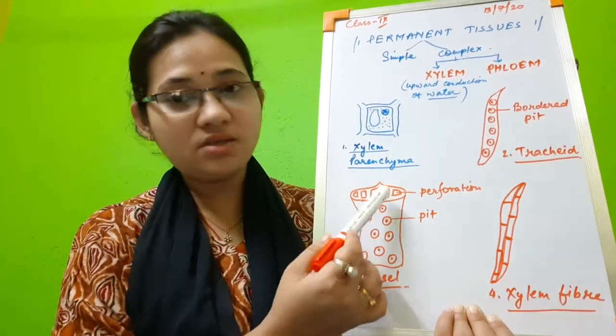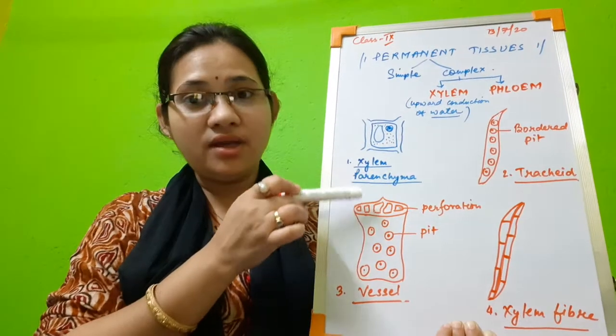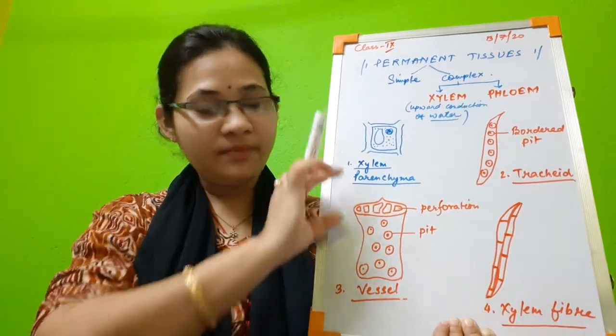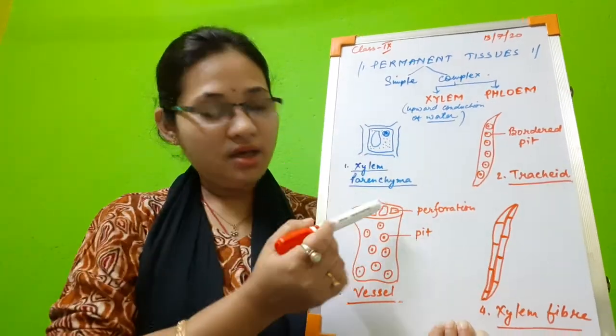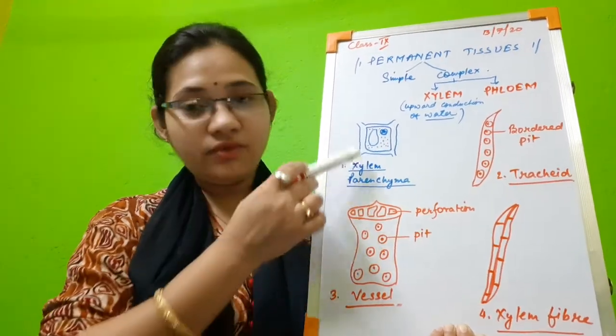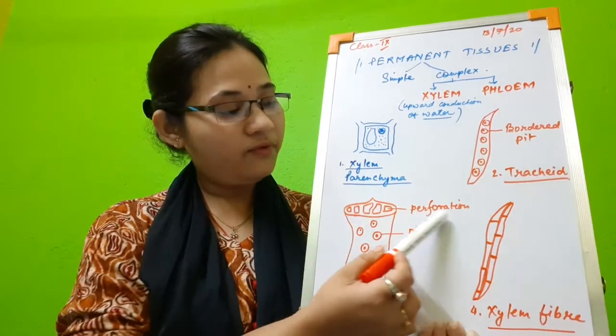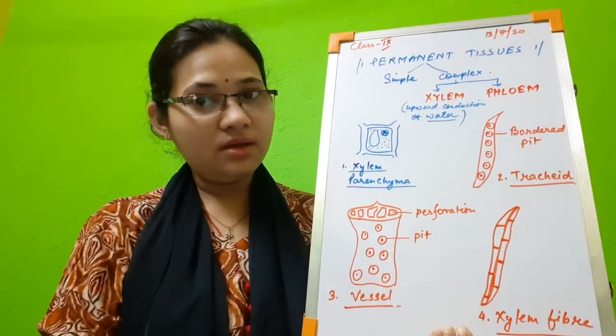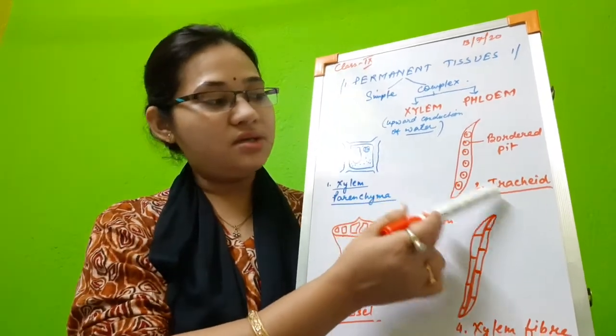That means some openings which are present at the end to end cells. So suppose this is one vessel cell, another vessel cell is present here, so they can pass water or minerals between the adjacent cells by the help of perforation or opening.